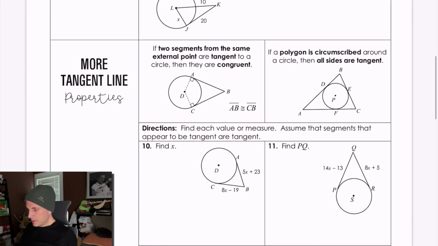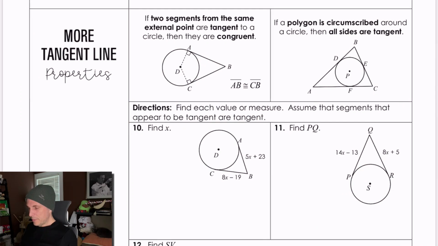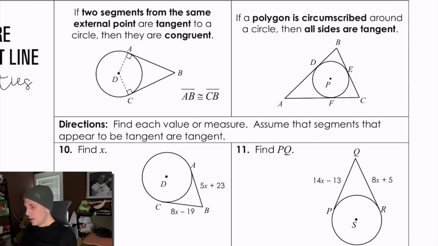So there's a couple more things to ponder when we're talking about tangent lines. If you have a point that's outside of a circle and you draw tangent lines to the top and the bottom of the circle, or the left and the right, you basically connect two different tangent lines to the circle.